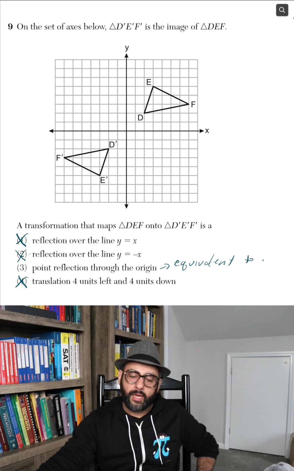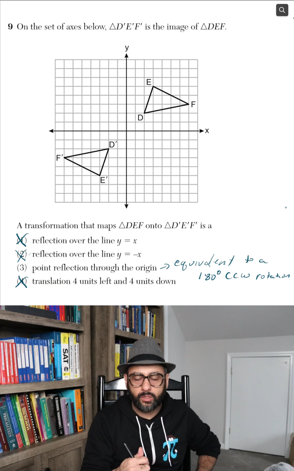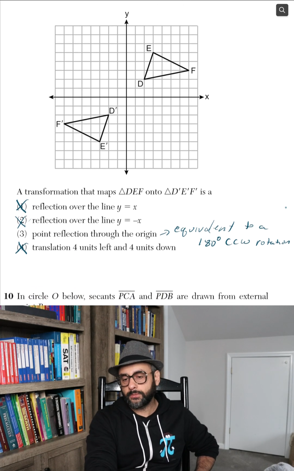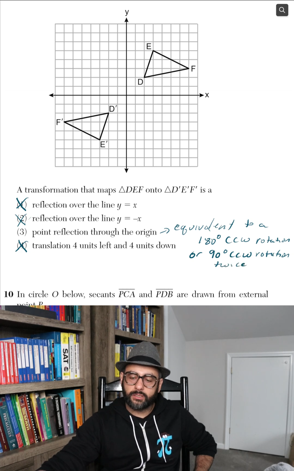to a 180-degree rotation. Let's call it counterclockwise rotation. It turns out 180 counterclockwise and 180 clockwise are the same transformation, but it's also equivalent to 90 degrees counterclockwise rotation twice, if you need to follow some math.